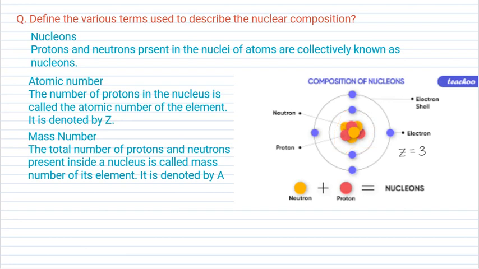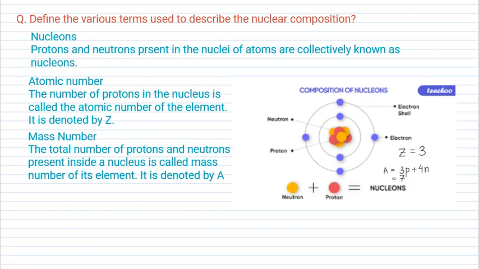So in total how many particles are there? There are 7. So in total you have 3 protons and 4 neutrons. Therefore the number of nucleons inside the nucleus is how much? 7, which is denoted by your mass number capital A.